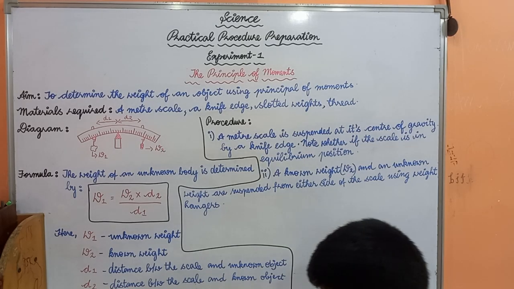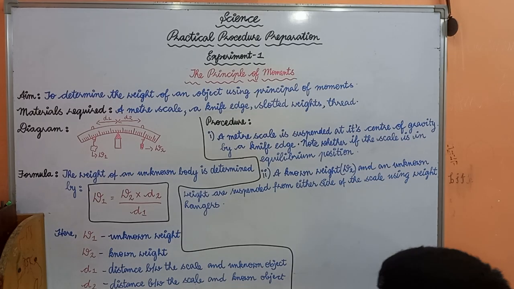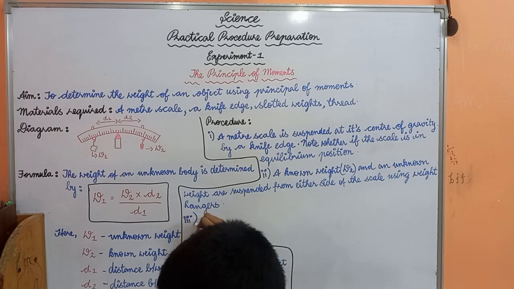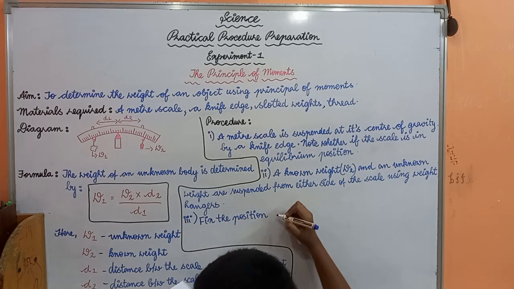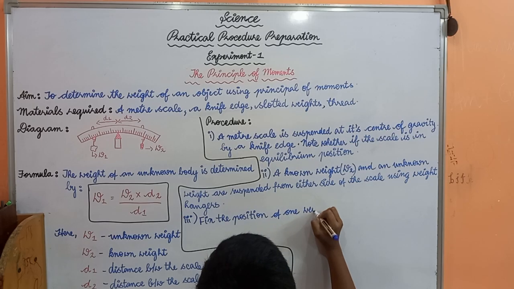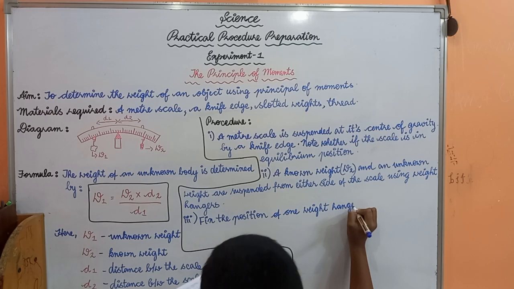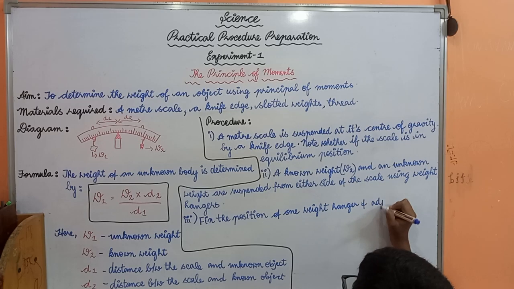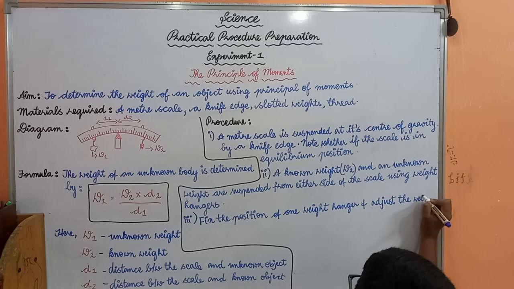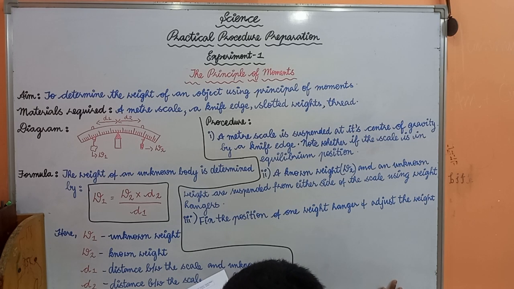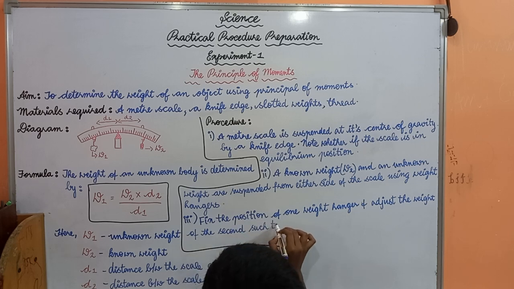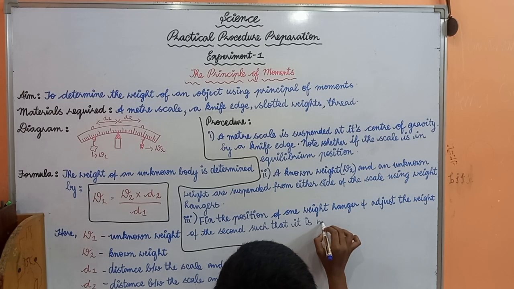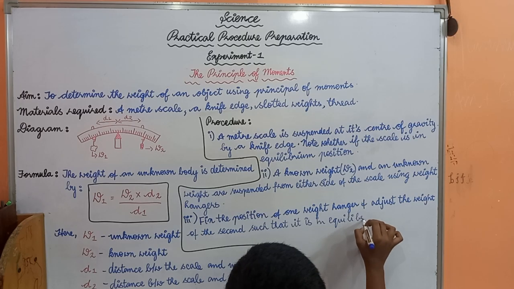Okay, so the third one: fix the position of one weight hanger, not just the second one, and adjust the weight of the second until equilibrium.